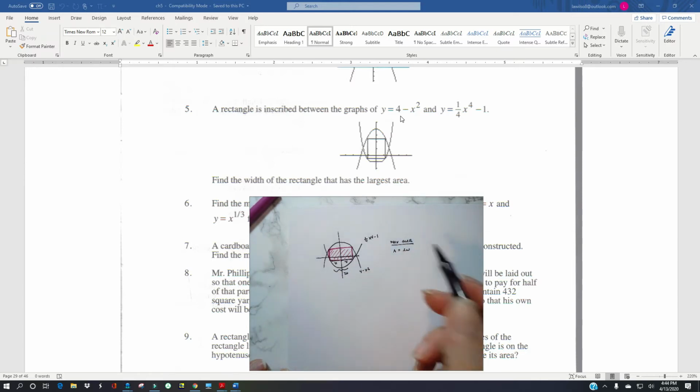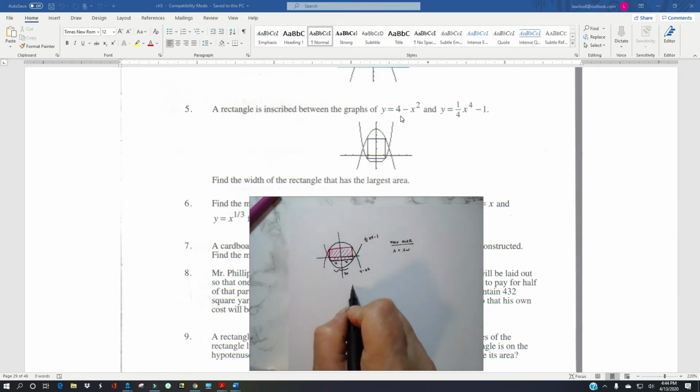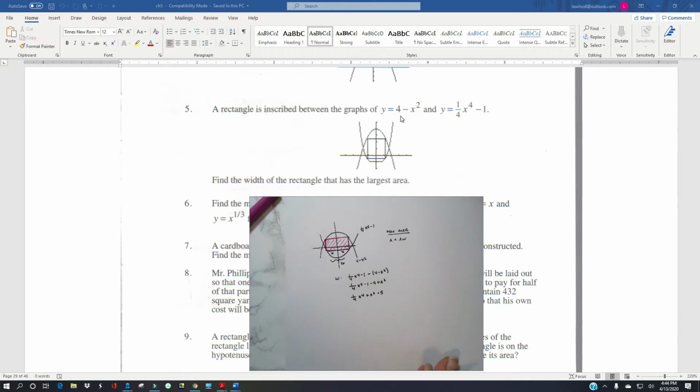The height of this thing is just top curve minus bottom curve, right, or the width. So it's 1/4 x to the 4th minus 1 minus 4 minus x squared. Okay, this is going to represent our width, which is 1/4 x to the 4th minus 1 minus 4 plus x squared, plus x squared minus 5, right?